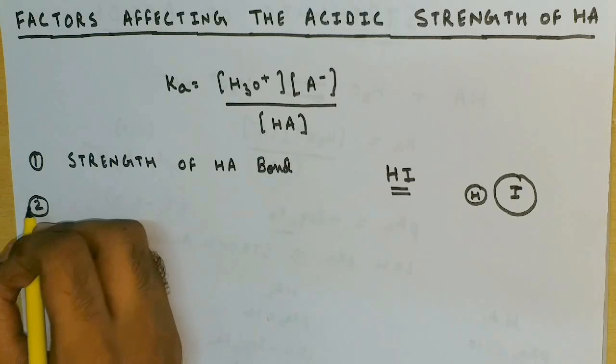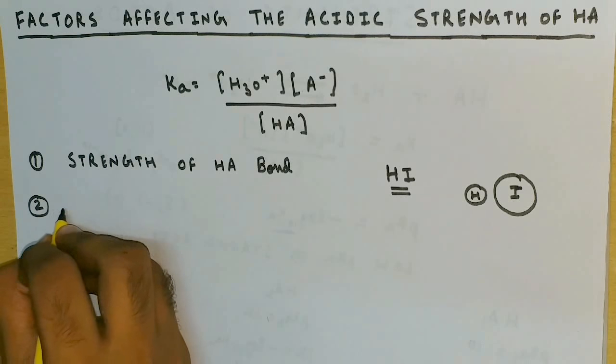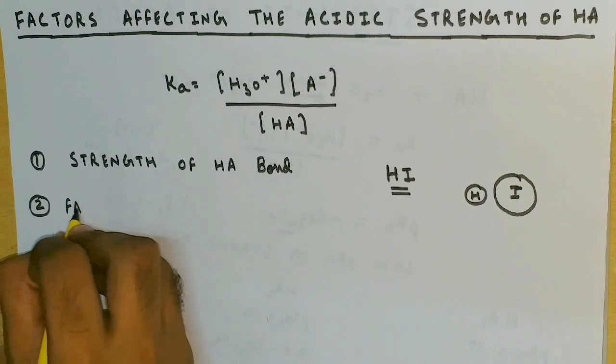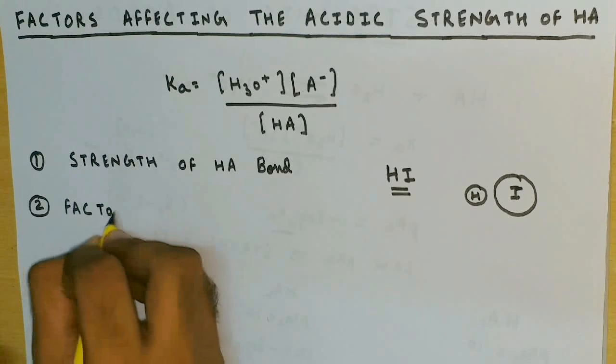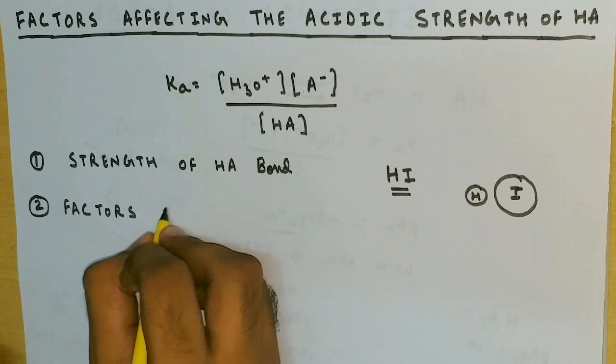Second factor, it is a set of all the factors that stabilize the conjugate base, A negative.